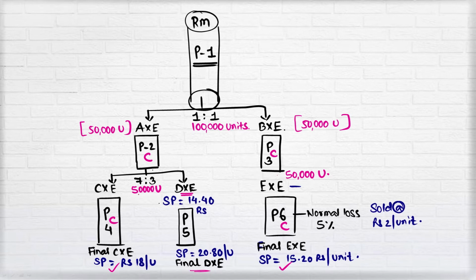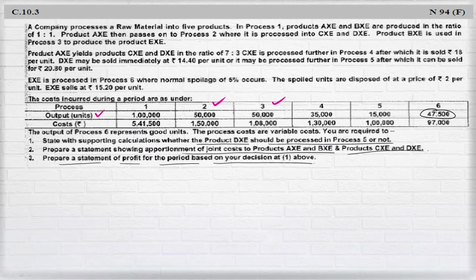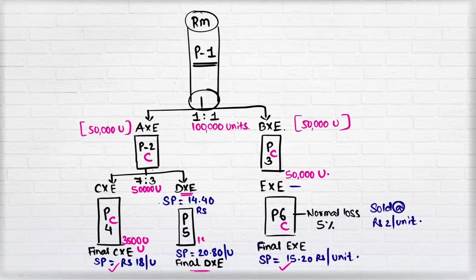If 50,000 is input, what is output of process 4? Output of process 4 is 35,000 units. If it is input, I will write it on the heading side, and I am writing it on the bottom side because it is output. What is output of process 5? 15,000. Can you tell me what is the normal loss in process 4 and process 5? Nothing.